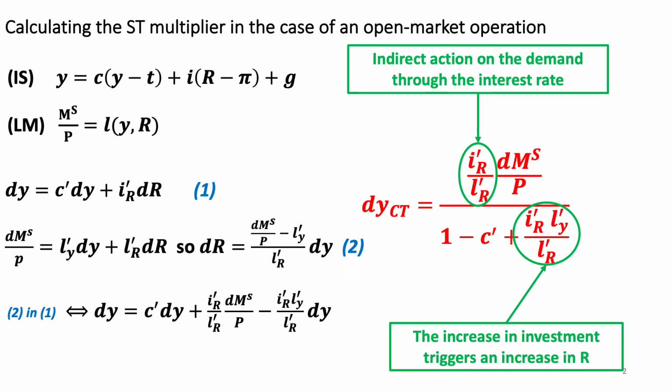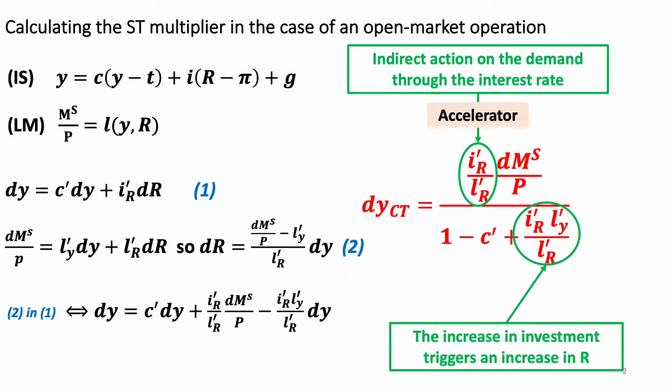Here, it means that to finance new investment projects, firms must borrow more, and so they increase their demand of loanable funds, which will attenuate the decrease in the interest rate triggered by the monetary policy, and hence discourage new investment projects. In other words, it means that the interest rate decreases less than what it could have under the effect of the monetary policy only.